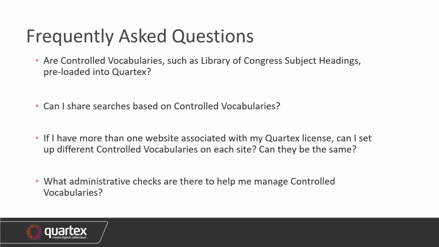The next question: can I share searches based on controlled vocabularies? The answer is yes, you can. As Nick was showing us in the demo of the front end of the Mass Observation site, as he was filtering lists by controlled vocabularies, it creates a unique URL that you can then share using the share functionality on the Cortex site.